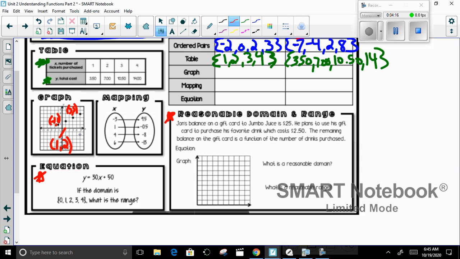And the fourth is (5, 4). So I have -1, 1, 3, and 5 for my domain. My range, in order from least to greatest, in brackets: the lowest is 1, then 2, then 3, then 4.